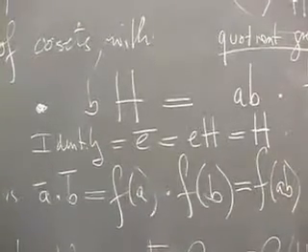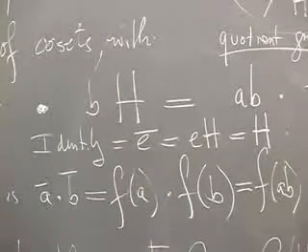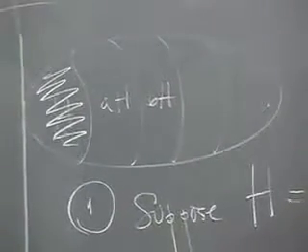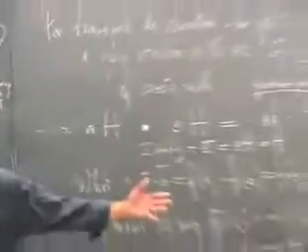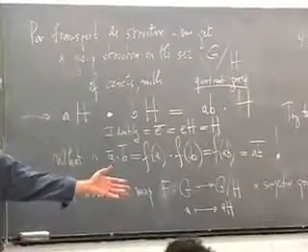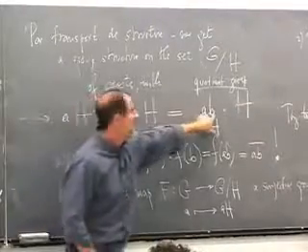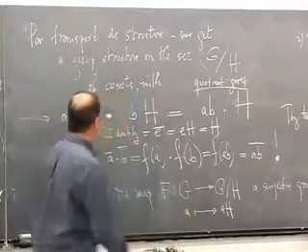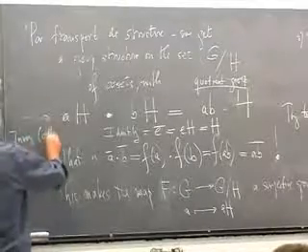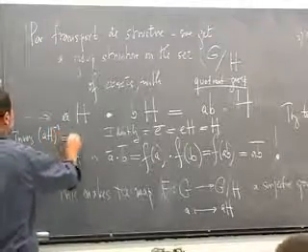So this becomes the identity element in the quotient group. How about the inverse element? What's the inverse of the coset AH? What could it be? The coset of A inverse. Because A times A inverse is the identity element. So the inverse of AH would be A inverse H.